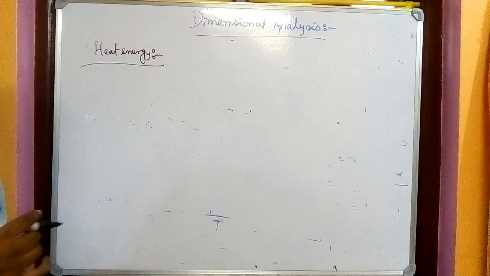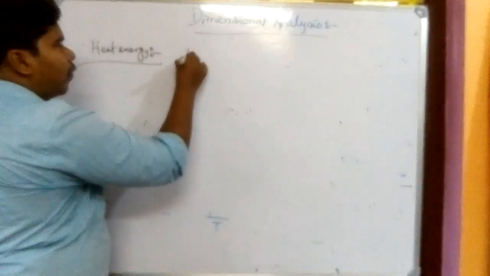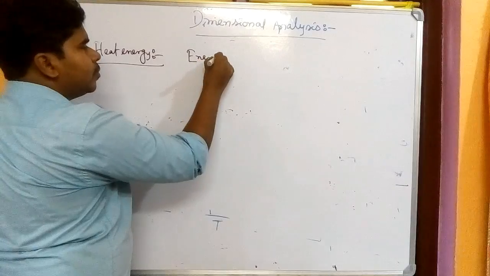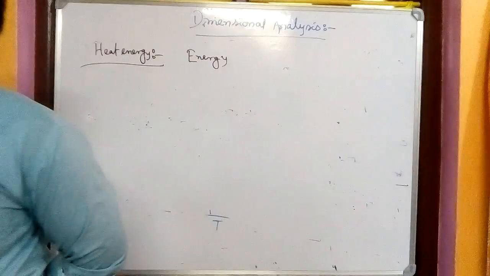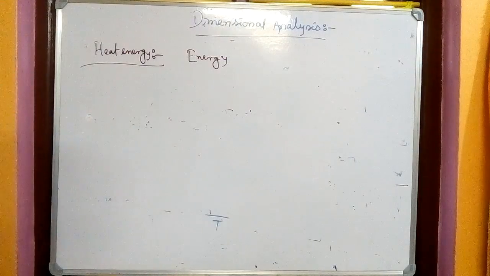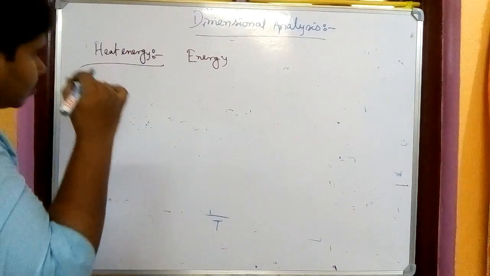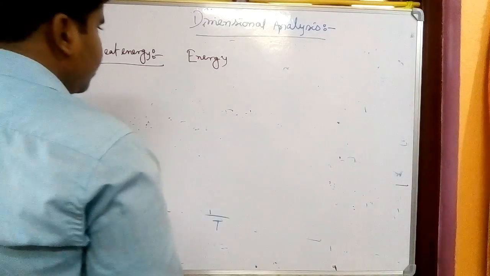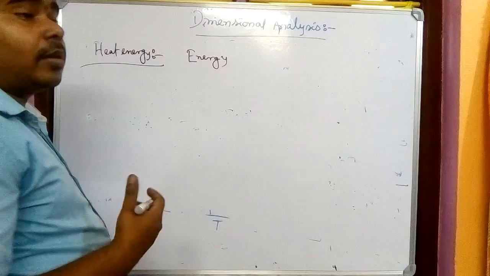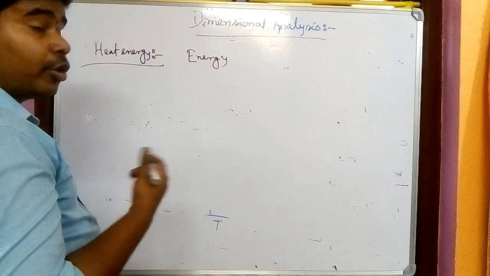Heat energy is nothing but a form of energy. If I find the dimension of energy, that should be the same as heat energy. So from here we have to find the dimension of energy.